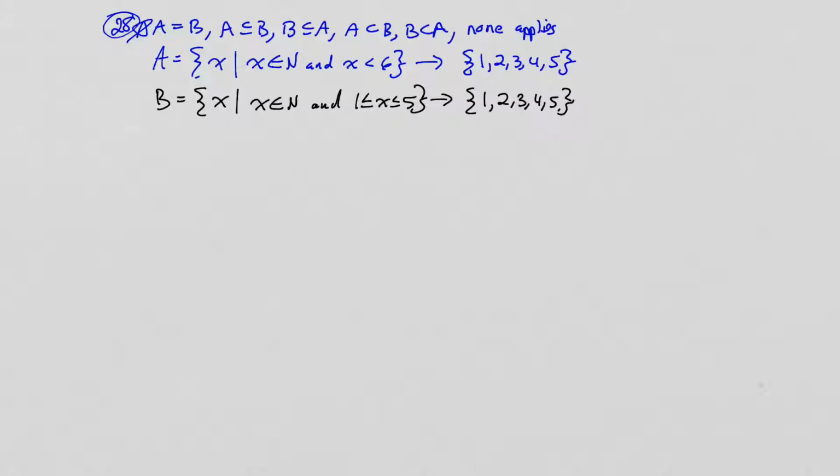So this is the one with the equal sign under it. So first of all, A and B are equal. Okay, they're the same thing, but also we can say that A is a subset with the equal sign of B, and we can reverse it, and B is also a subset of A. Okay, so everything with the equal sign is going to apply here because these two sets are equal.